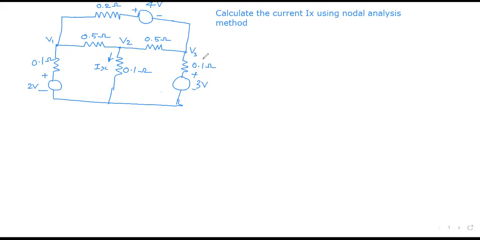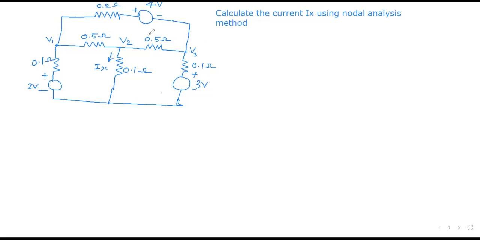For solving a problem using nodal analysis, we must have current sources in the circuit. So before proceeding with the nodal analysis, first we should convert all the voltage sources into current sources. We have already discussed how to convert voltage sources to current sources, and similarly current sources to voltage sources.